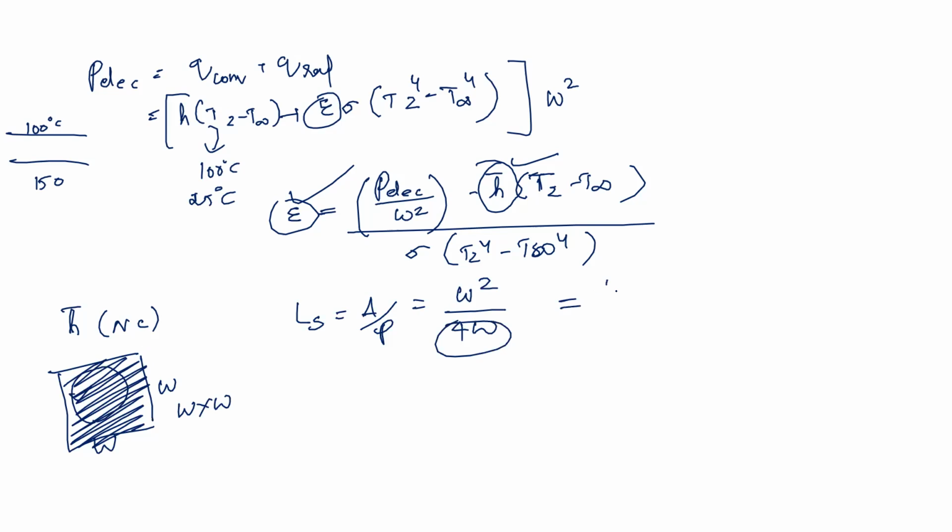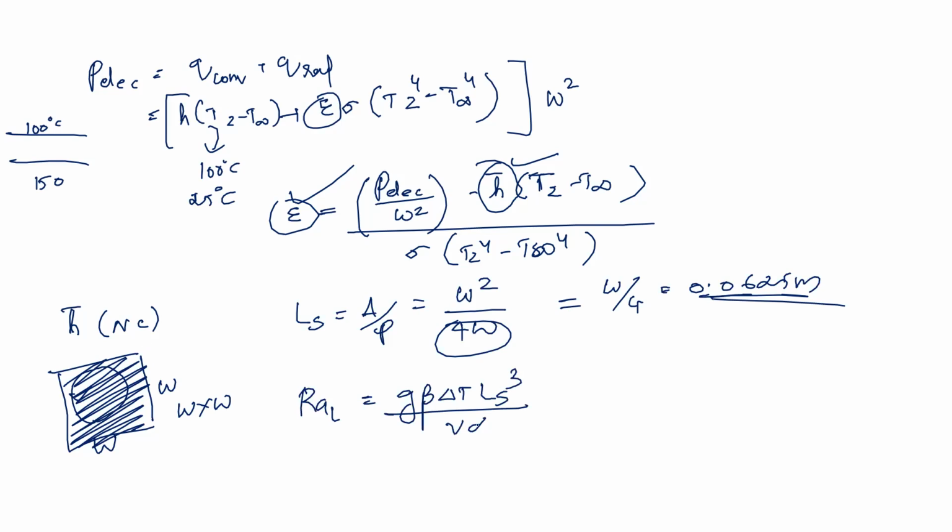So that comes to be W by 4, which is 0.0625 meters. Then Rayleigh number equals g beta delta T Ls cube by nu alpha. So these are the properties of air. Delta T we know, g beta everything we know, Ls we have determined. So that comes to be 9.86 into 10 raised to 5.